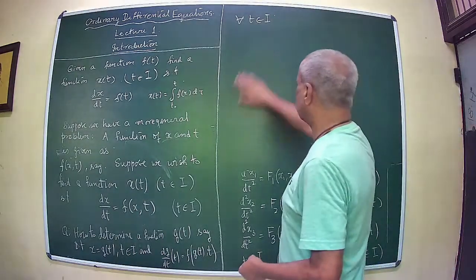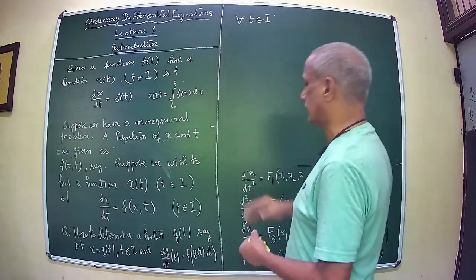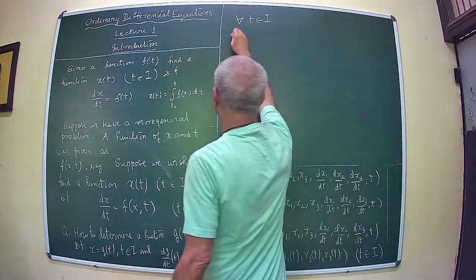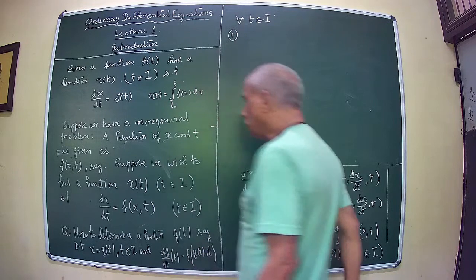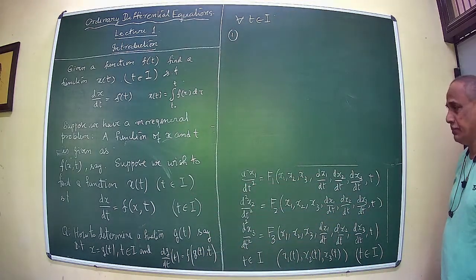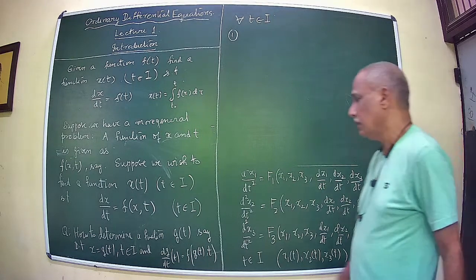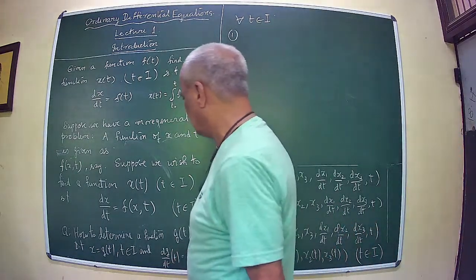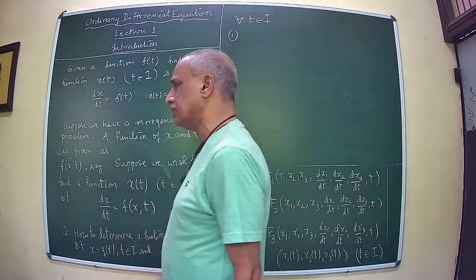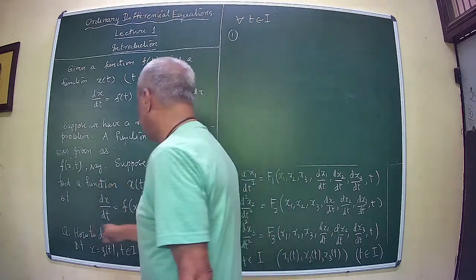So one of the questions that you ask is this. First of all, if you can solve it explicitly, what do I mean by explicitly? Finding a g of t here such that when you feed this g of t in the place of x, this becomes an identity.